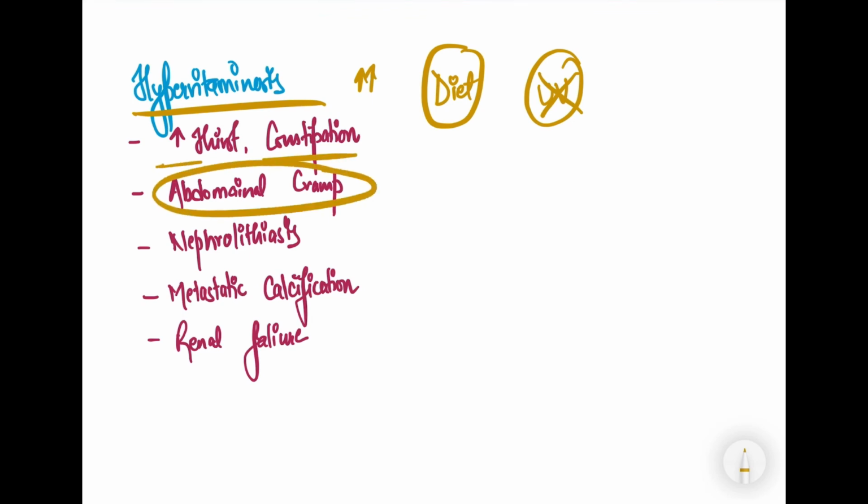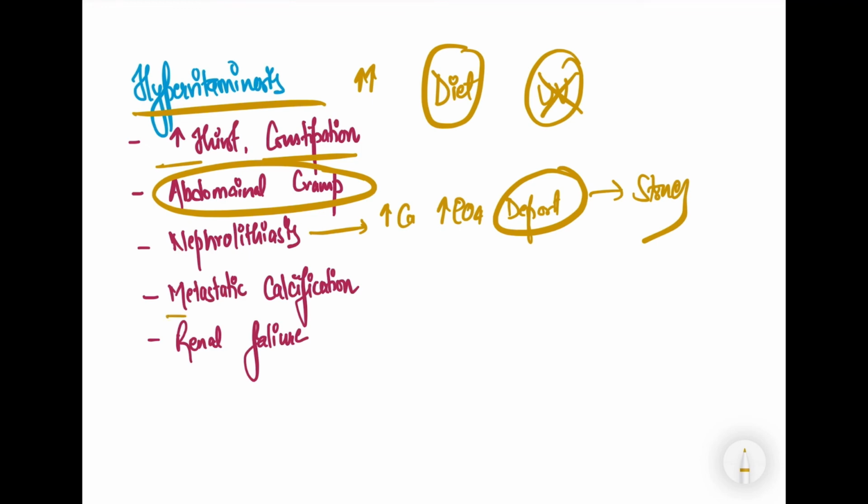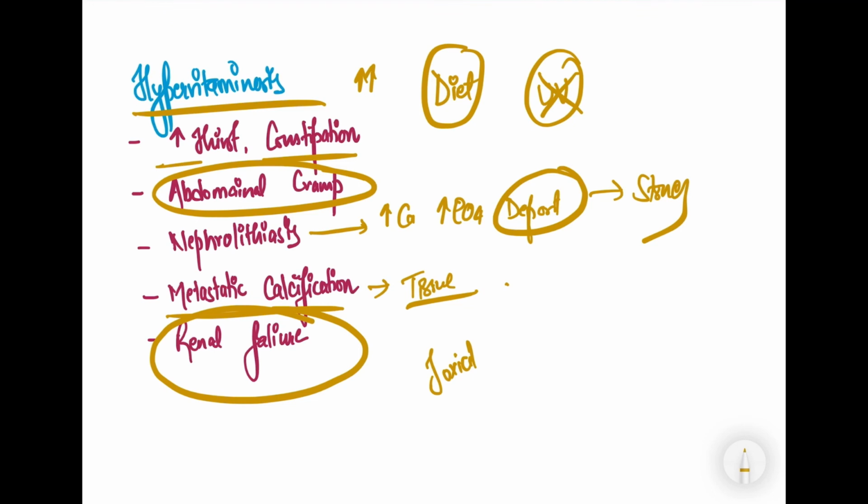It is manifested by increased thirst, constipation, abdominal cramps, nephrolithiasis, that is, we have an increase in calcium and phosphate level due to vitamin D, which gets deposited in the kidney, resulting in kidney stones, metastatic calcification, that is, increased level of calcium which gets deposited in the tissues, and finally renal failure. So these are the hypervitaminosis manifestations of vitamin D.